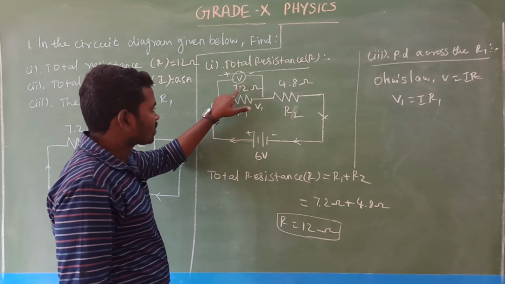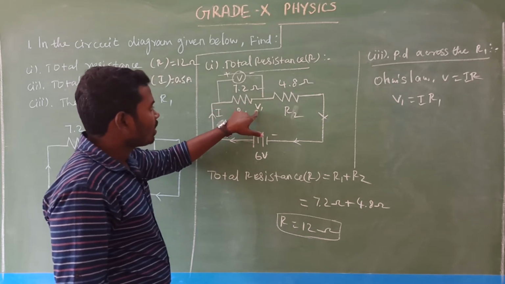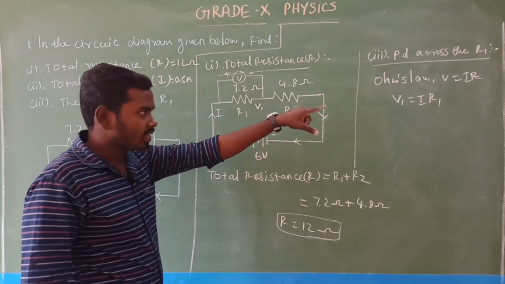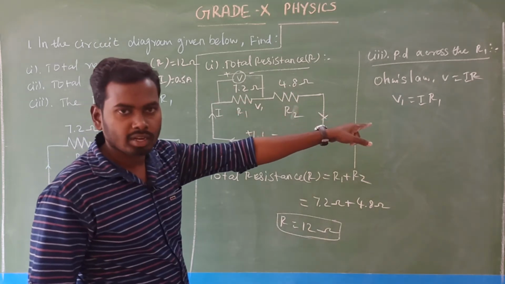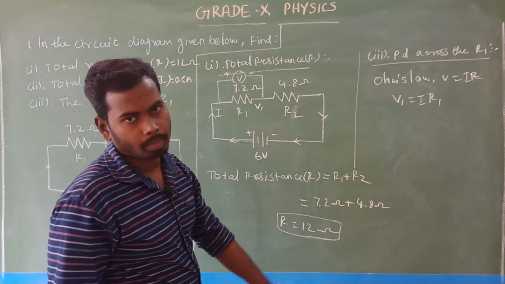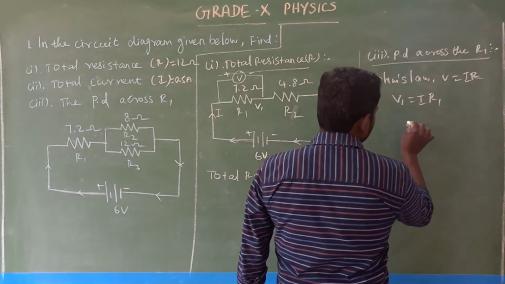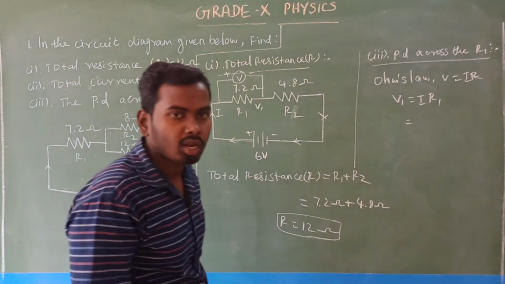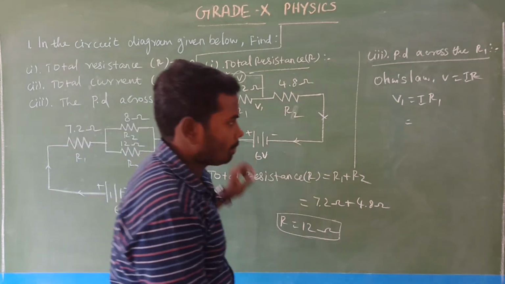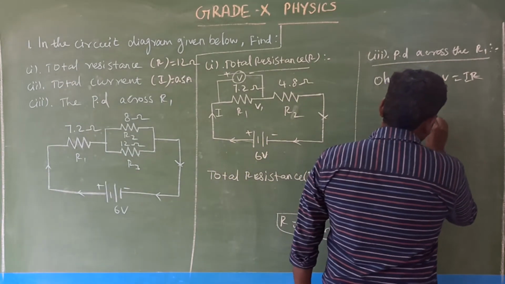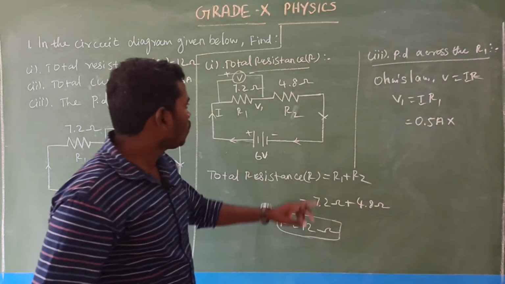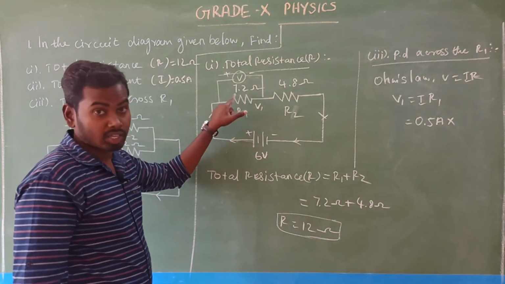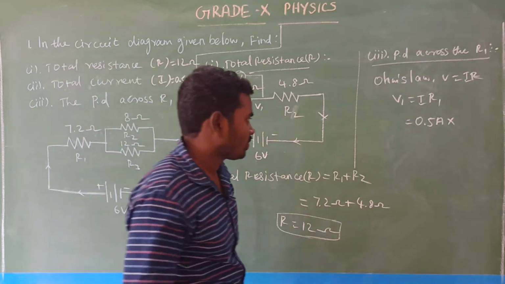V1 is the potential difference across R1, the current I is the same. What is the current value? The total current is 0.5 ampere, into the R1 value, 7.2.